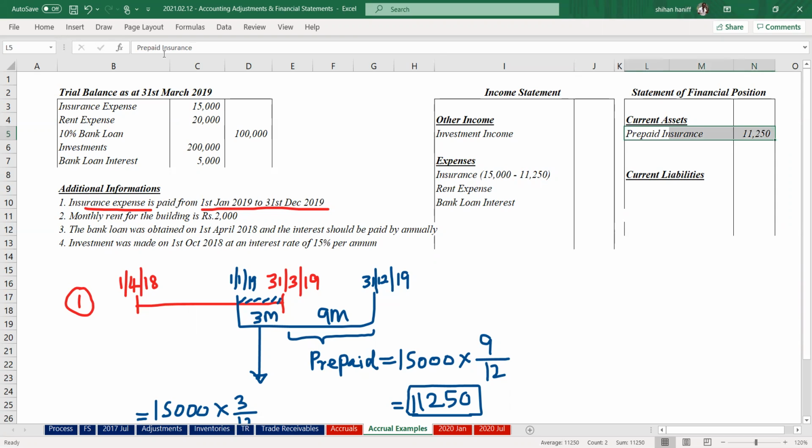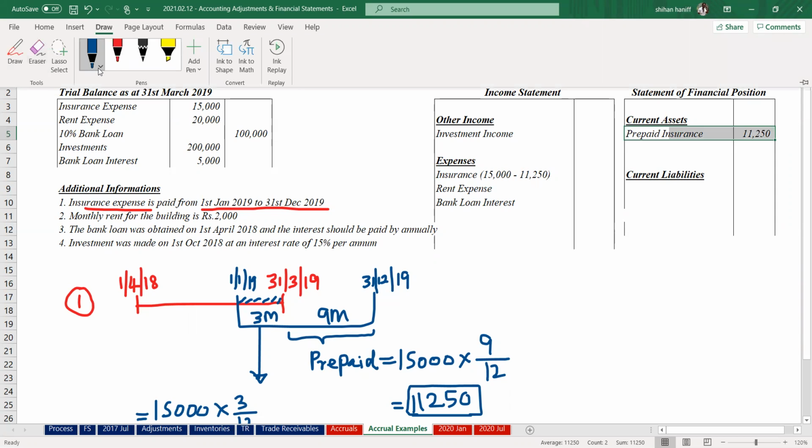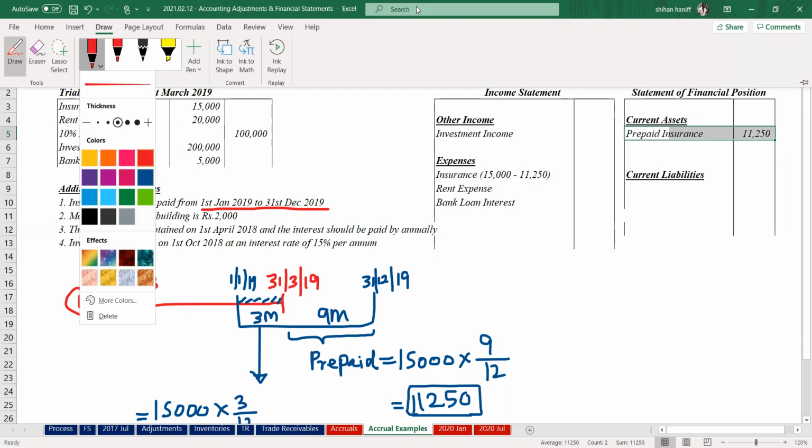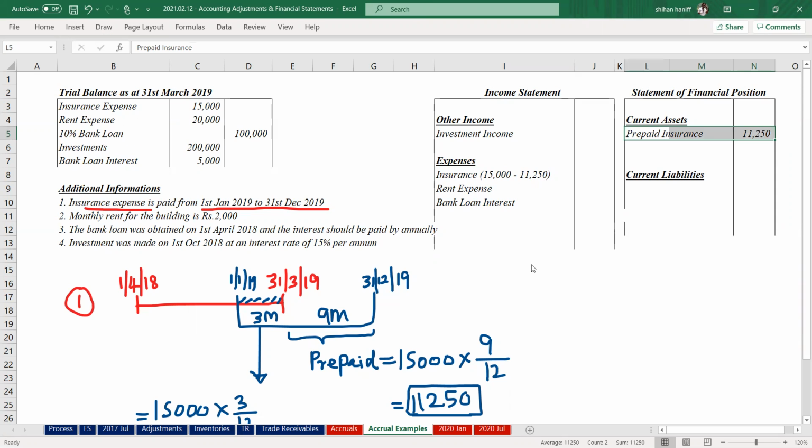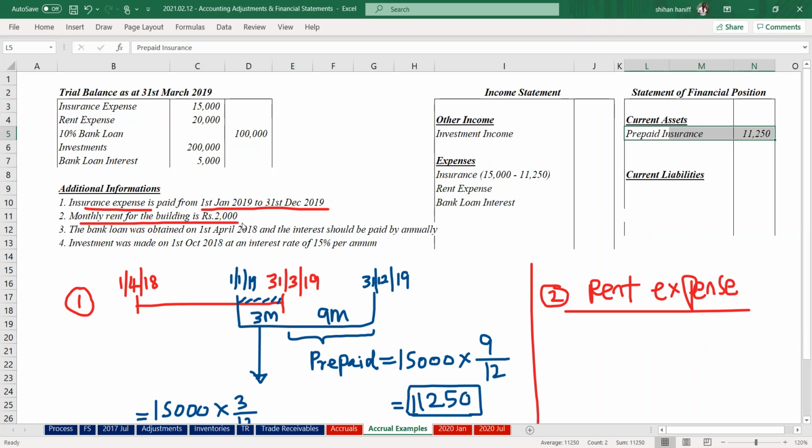Right. Then number 2 is rent expense. Monthly rent for the building is 2000.